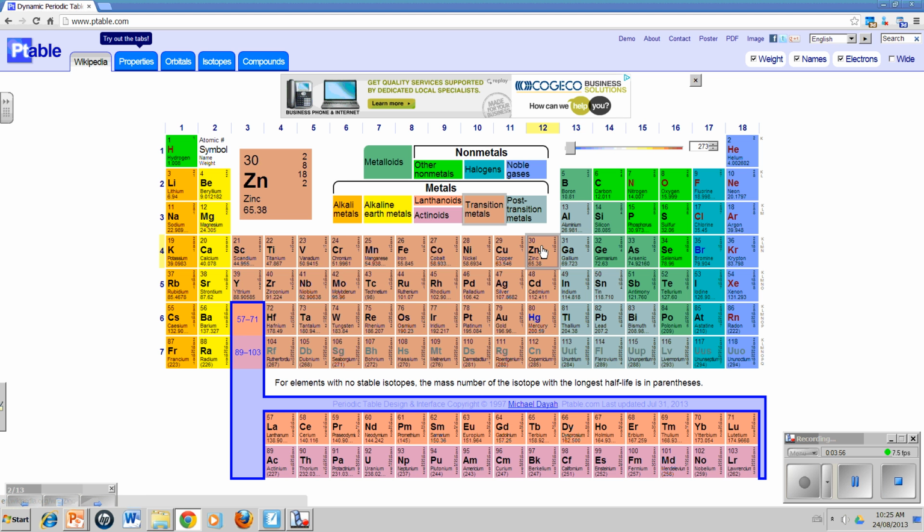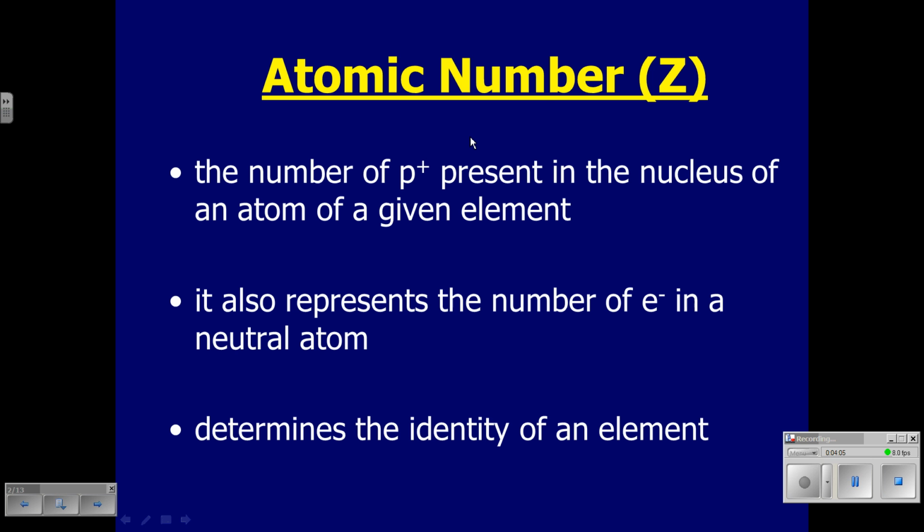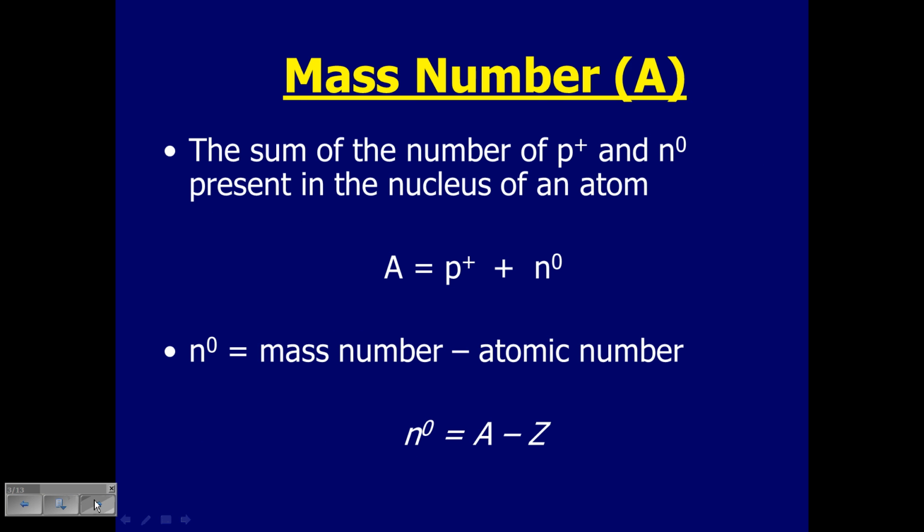You go to 30 here. Oh, zinc. And what's the atomic number? Oh, 30, because it all means the same thing, all right? So the atomic number, Z, tells us the number of protons and tells us the identity of the element. All 3 things are found in that bit of information.